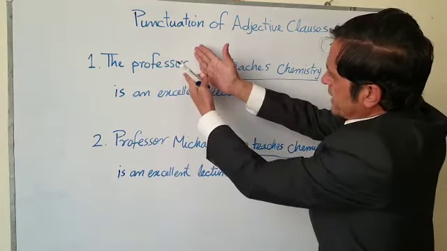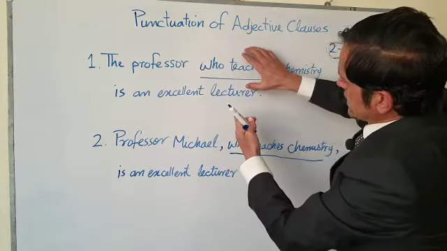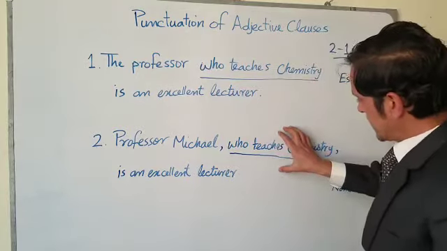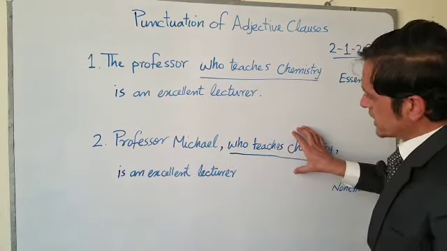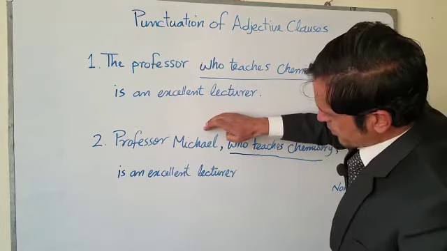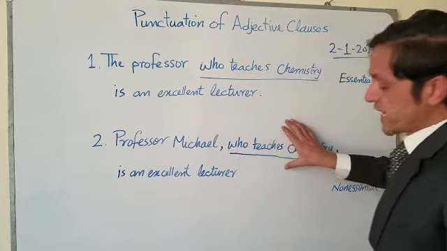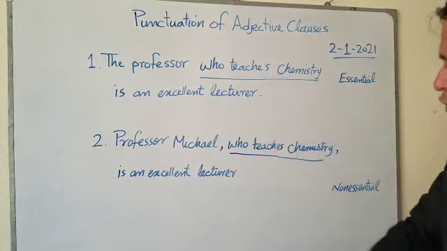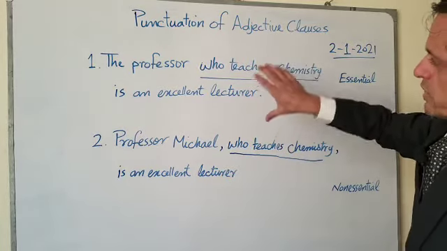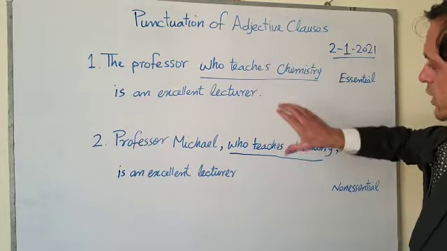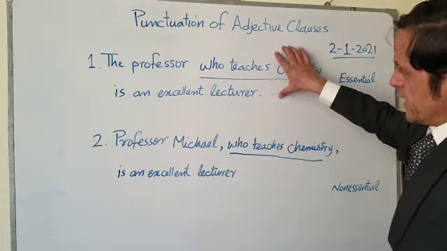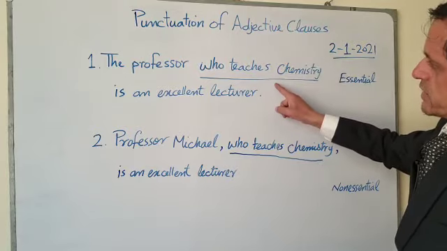So there this adjective clause gives identification to the noun, while here it just gives more information about Professor Michael. That is the basic difference in when we put commas and when we do not.